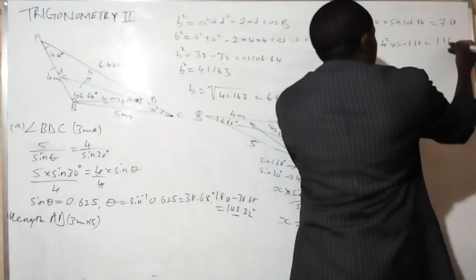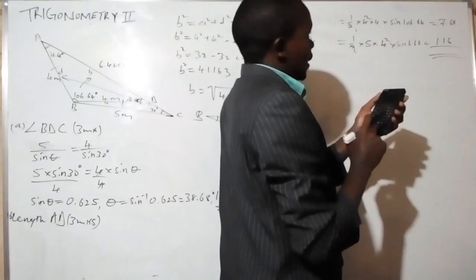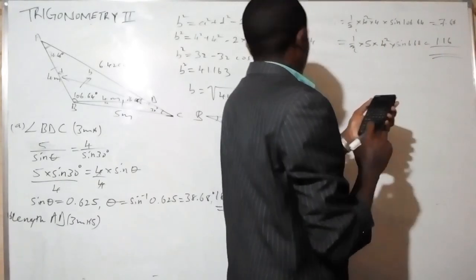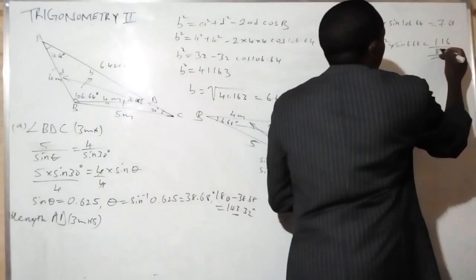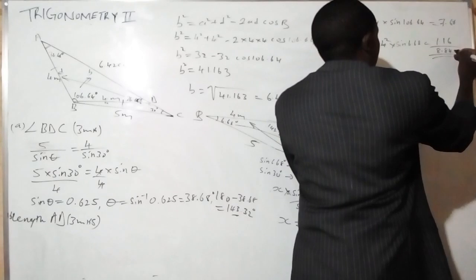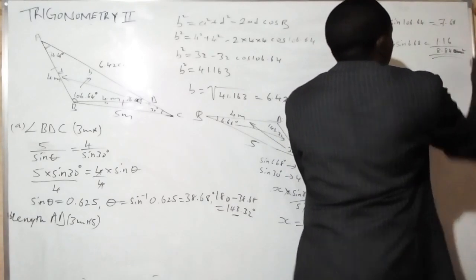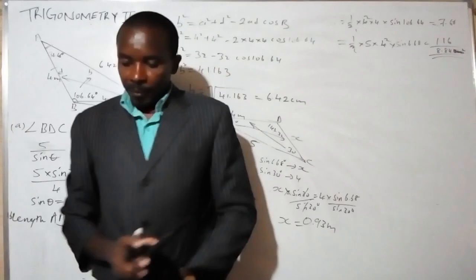Summation of all this, we get 7.68 plus 1.16, which is equal to 8.84 meters squared.